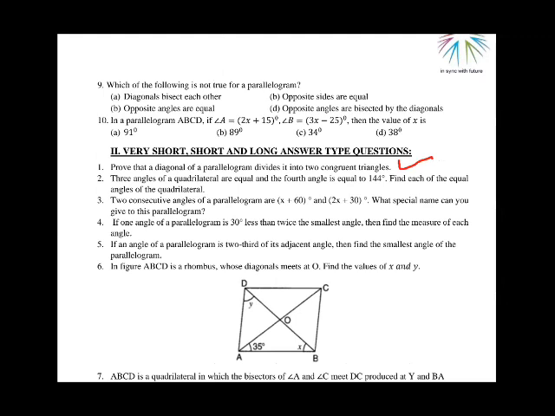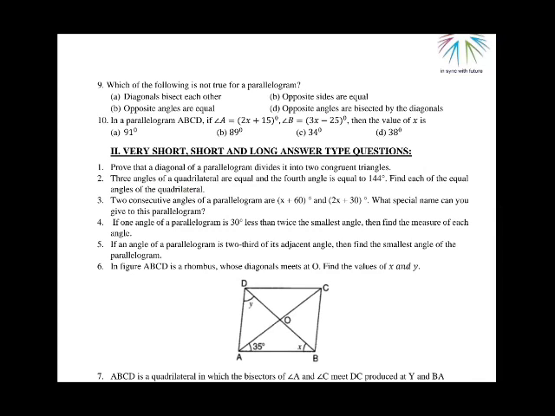Prove that the diagonal of a parallelogram. We did till the third one, right? Do you want me to do the third one, or was it easy? Okay, let's give it a try. Let's start from the third one and continue the rest of it.